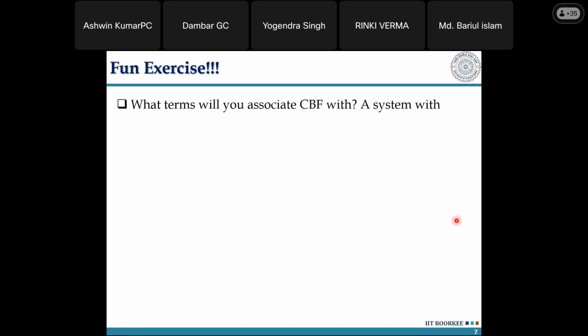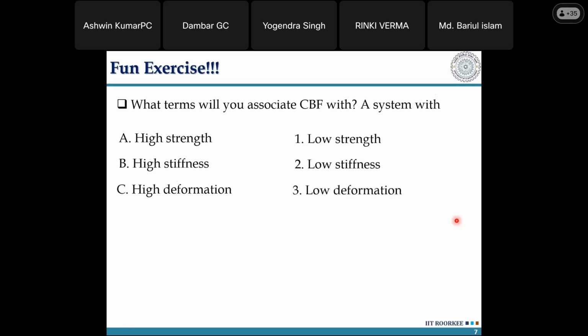Now, just to check, what terms will you associate a CBF system, concentrically braced frame system, with? There are options that I have given here. If you think about it for 2 seconds, if I give a braced element into a structure, its strength is going to increase, its stiffness is going to increase, and deformation is going to decrease.